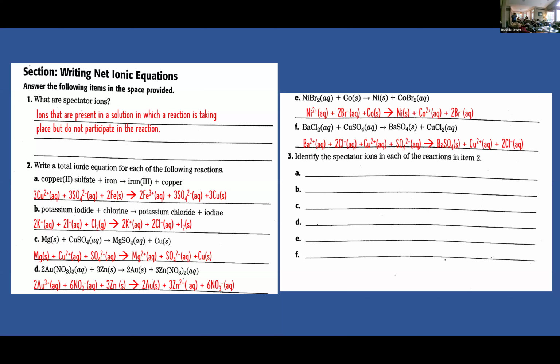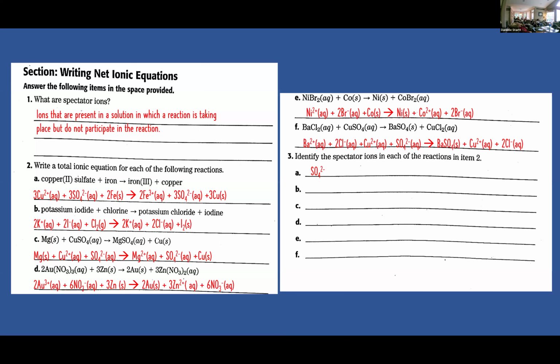All right, so for letter A, what are our spectator ions? What do you have, Jordan? The SO4. Yeah, the sulfate's going away. So the SO4 is our spectator ion. How about for B? All right, PJ? The potassium.